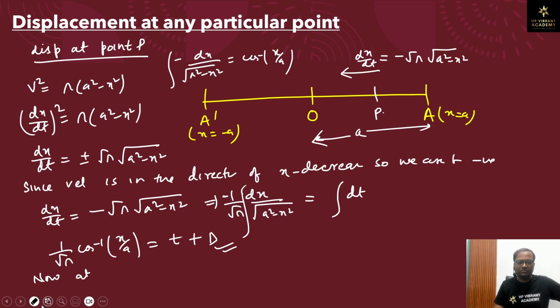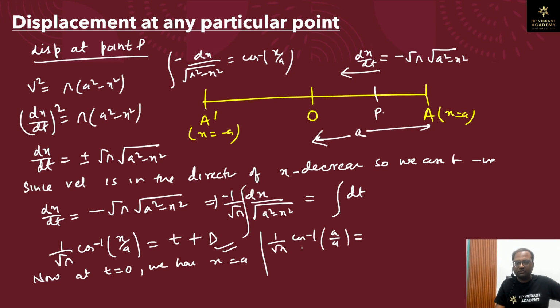Initially at t equal to 0, we have x equal to a. So 1 upon root mu cos inverse of a upon a is equal to 0 plus d. So 1 upon root mu into cos inverse of 1 is equal to d. Cos inverse of 1 is 0, so d is equal to 0.